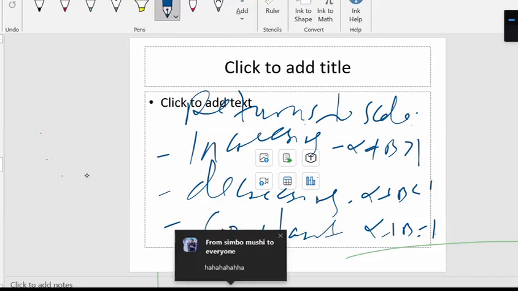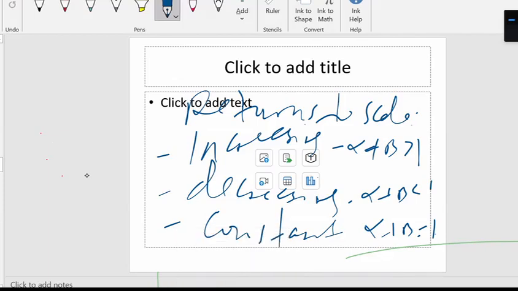It means the output is increasing. And when you say decreasing return to scale, that means alpha plus beta should be less than 1. Okay. And it is constant when alpha plus beta. So I'm using my hand. That's why it's not seen well. I'm using the iPad. Okay, doctor.